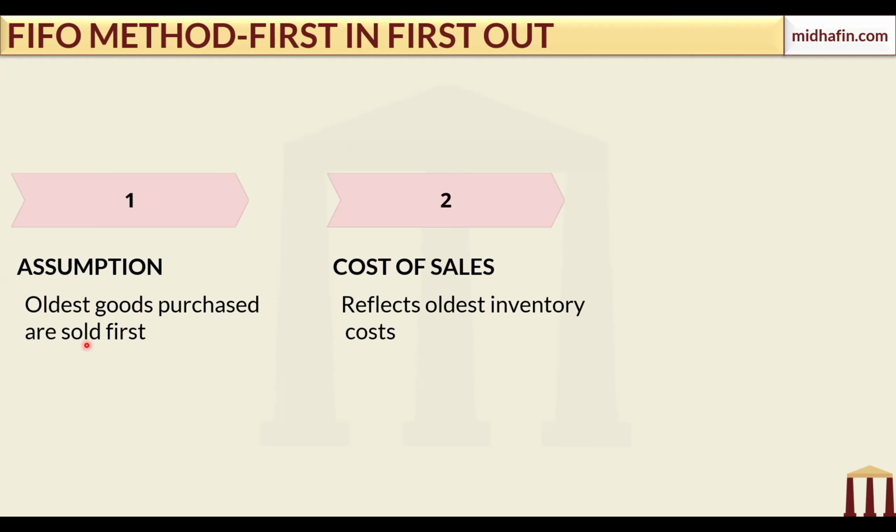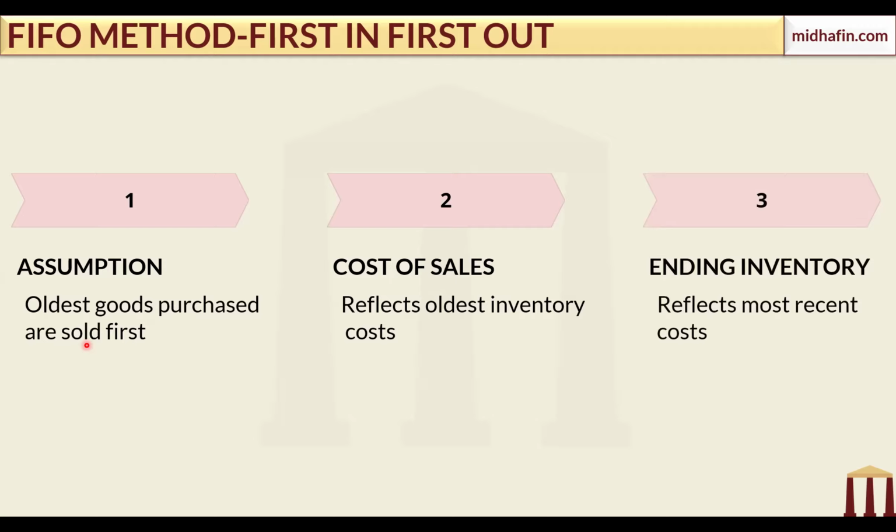What about ending inventory? Whatever is left in ending inventory is assumed to be the most recently purchased units. So the inventory balance on the balance sheet for ending inventory will reflect the most recent costs. What is the important point for FIFO?